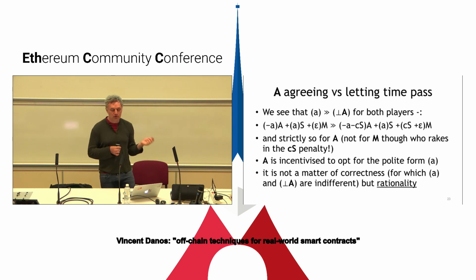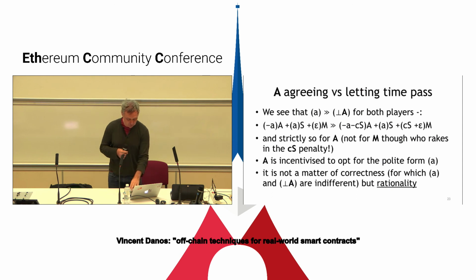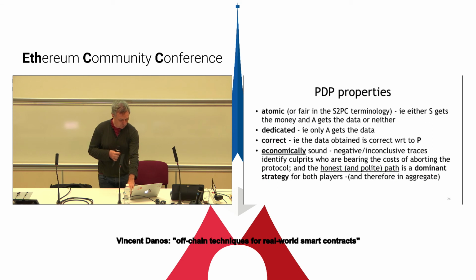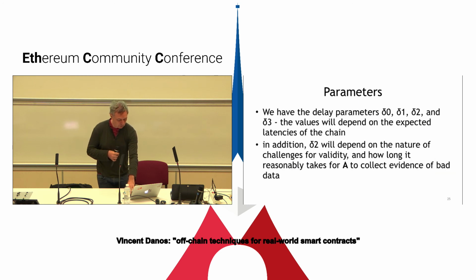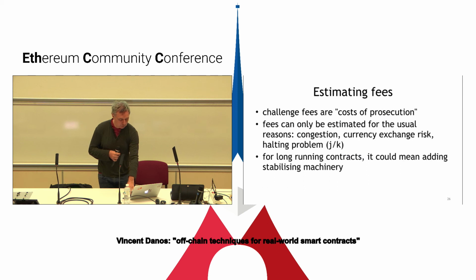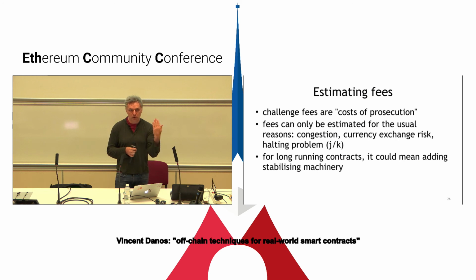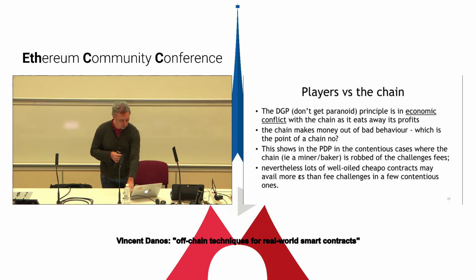So it's of no interest to Alice, and it doesn't change anything for the seller. So Alice is incentivized to keep on the rational, honest path. So we have all these properties that I repeat here. Most notably, the fact that being honest is economically dominant, which is interesting. With parameters, which we talked about already. There's a problem of estimating fees, which is not reduced here. Fees can vary because the system is congested and so on. You know that as well as I do.